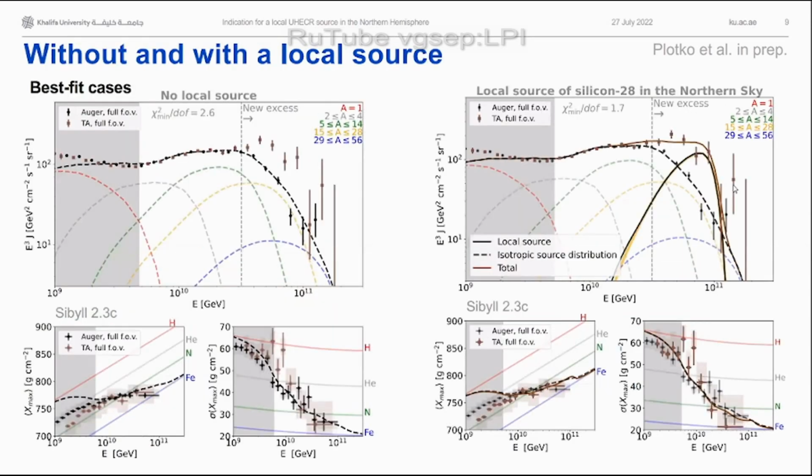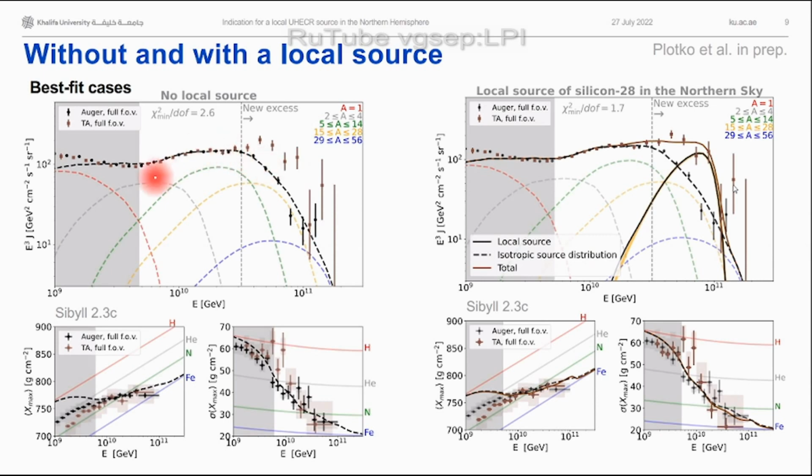So let me show you the results for the best fit case, at least. On the left-hand side, these are the spectrum and composition that we get if we do not include a local source. This is very similar to the best fit results that Auger found and several other papers found as well. So we can nicely reproduce the Auger spectrum and Auger composition, but of course this Telescope Array spectrum at the highest energies is not reproduced in this way.